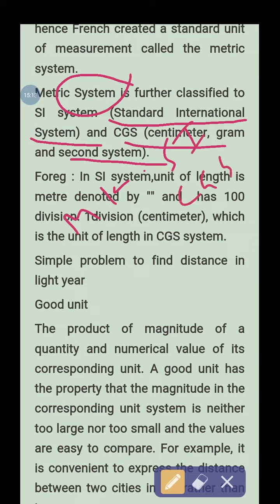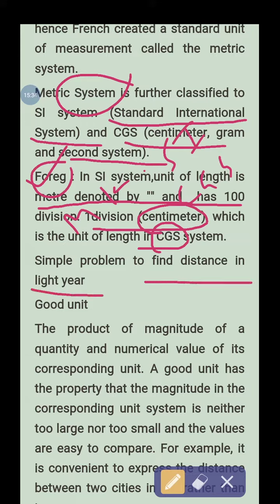In the SI system the unit of length, the meter, is denoted by forge and has 100 divisions, one division per centimeter, which is the unit of length in CGS. It is not a simple problem to find distance in light years using CGS. Why are we not using CGS as the standard system?